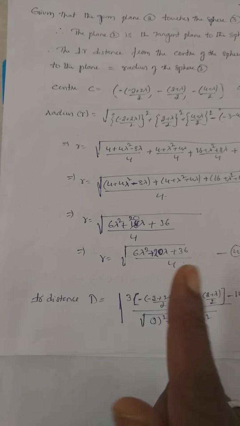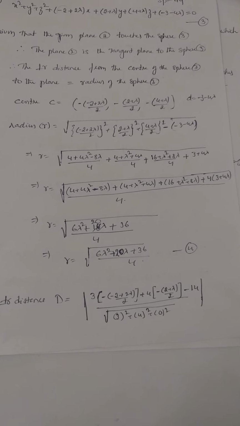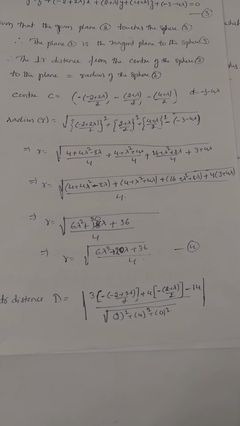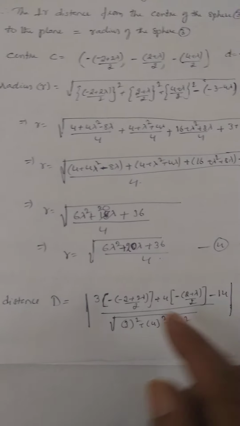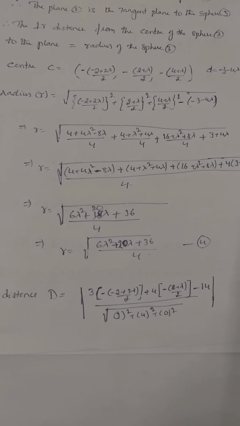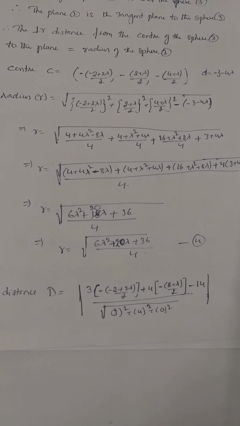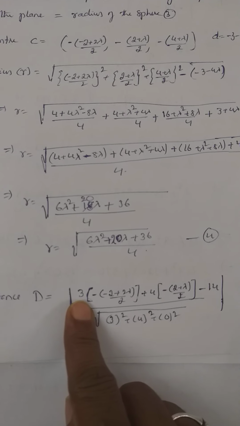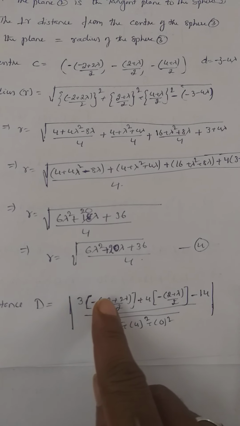Next point is we need to find the perpendicular distance from the center of the sphere to the plane. Why are we finding this one? Given that our required sphere touches the given plane 2. That's why we are finding the perpendicular distance. We know the perpendicular distance formula is ax1 plus by1 plus cz1 plus d by square root of a square plus b square plus c square. Here, perpendicular distance means second plane, 3 into this point plus 4 into point.